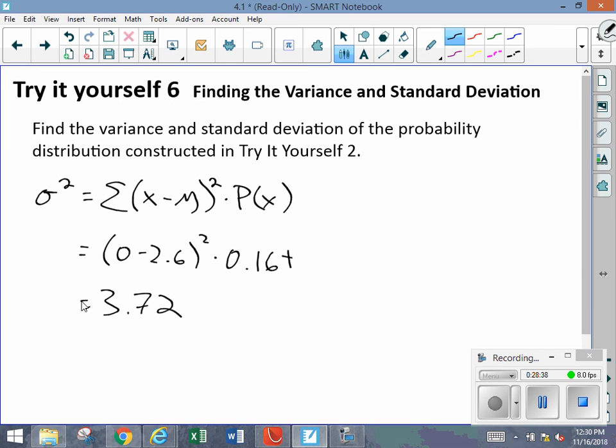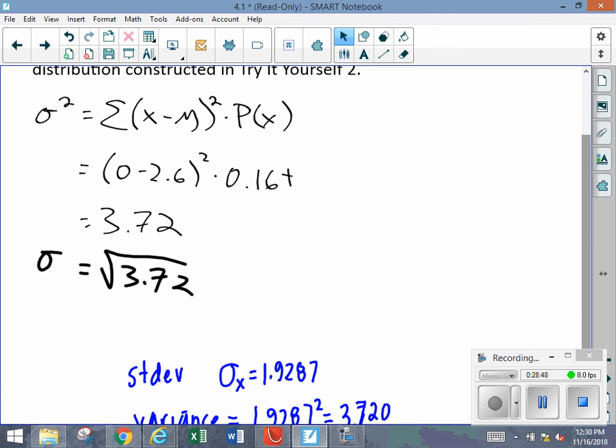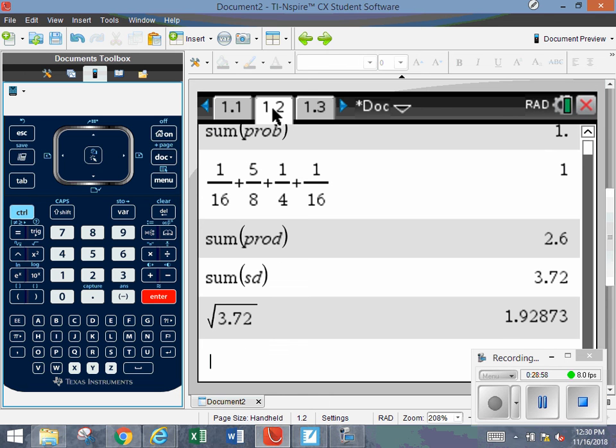In order to get the standard deviation, that is going to be the square root of the variance, which is 3.72, 1.93.